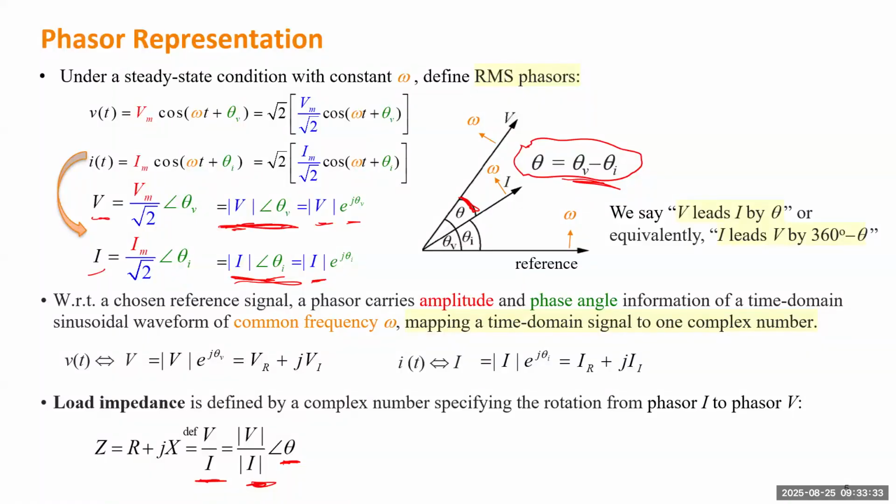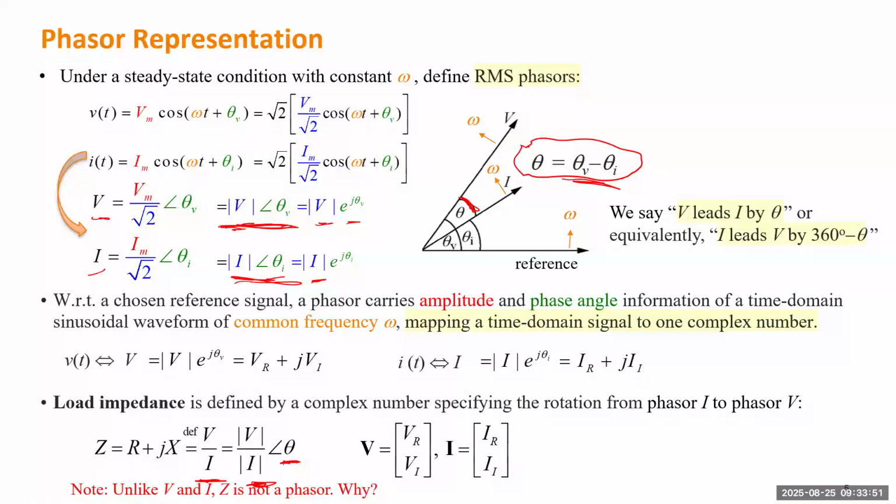So rigorously speaking, the Z here is a complex number, but it's not a phasor. Why? Because it represents the rotational transformation from current to voltage. So if we treat the voltage as a phasor or something like a vector in the complex domain, it has a real part and an imaginary part. Current also is a vector.